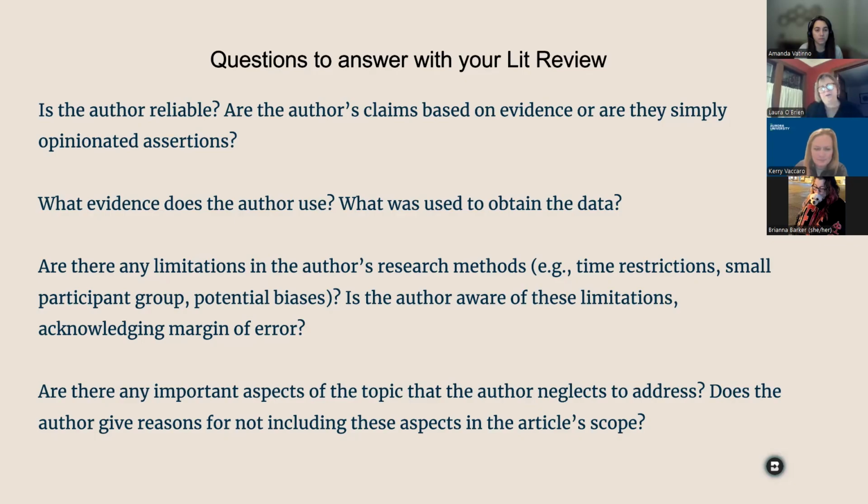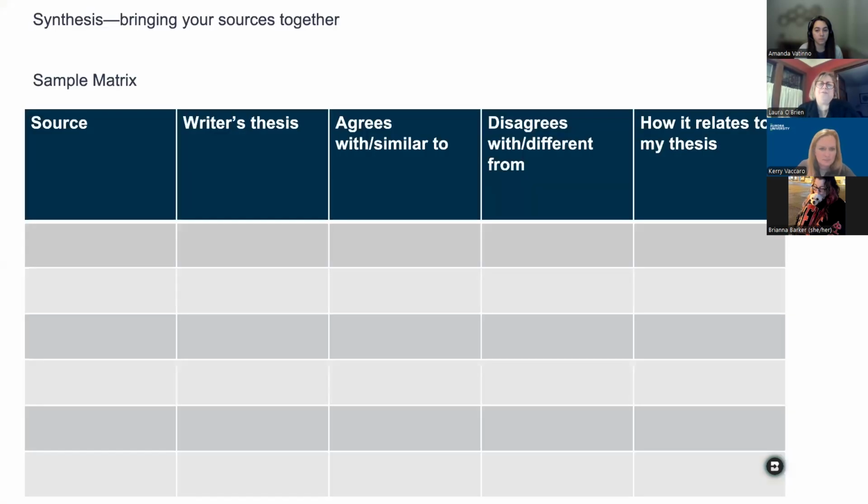So now I'm going to kind of jump into the idea that you are going to have this information and you have to do something with it. So one of the first things that we suggest is to get some kind of a matrix together.